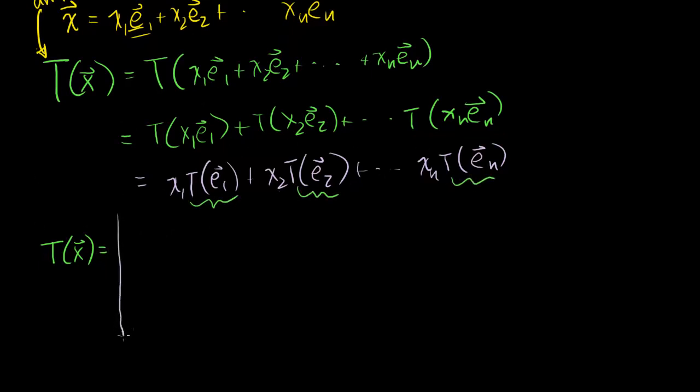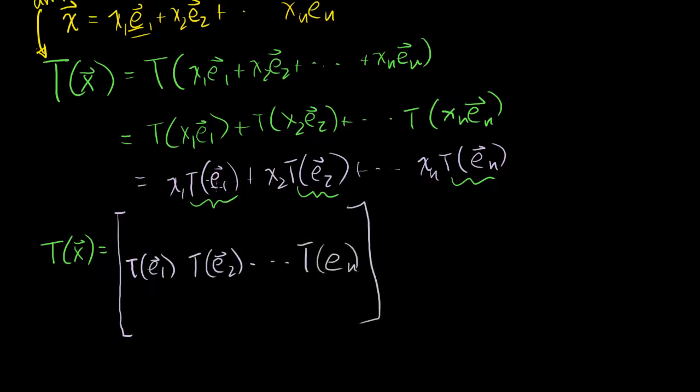This is equal to the matrix where the first column is T(e1), the second column is T(e2), and we go all the way to T(en), times x1, x2, all the way to xn.